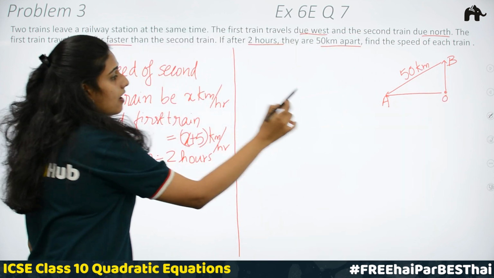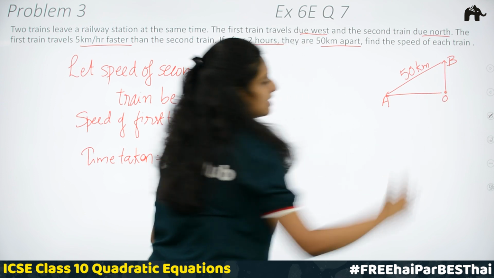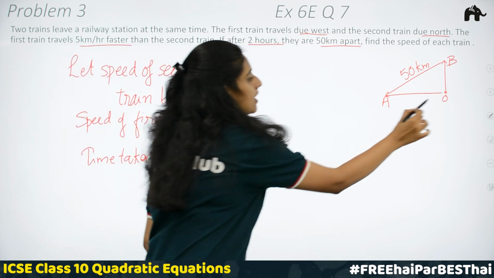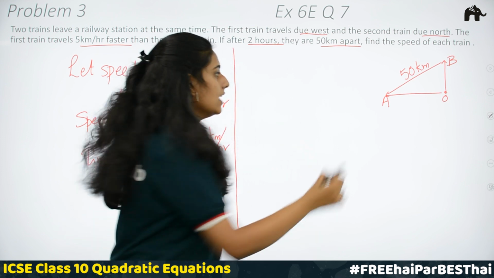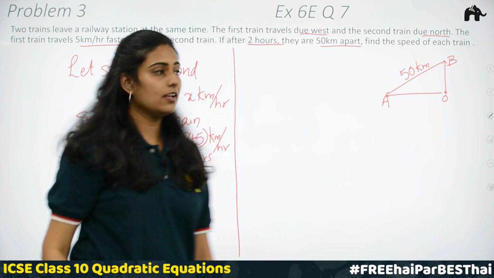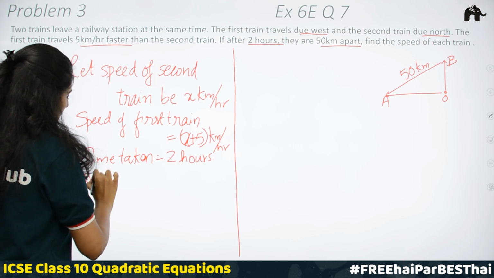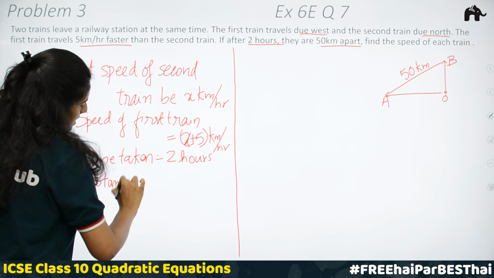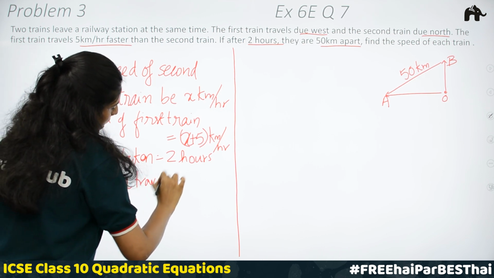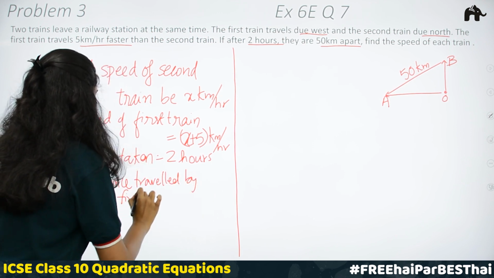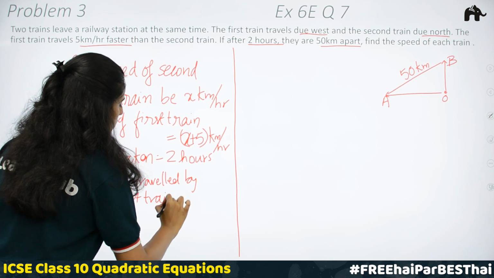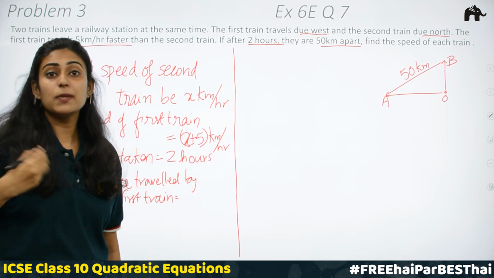Now, to find this distance and this distance, we know the speed at which the first train is travelling and the time taken. Then we can find this distance, right? Distance travelled by the first train is equal to, we know distance is speed into time.